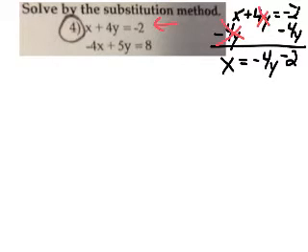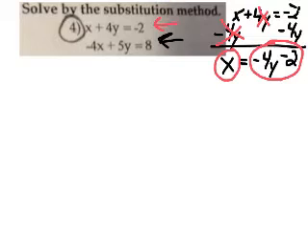Okay, so now my other equation, that's the one I'm going to substitute this x in. But this x in this form, because this x equals this, right? So for us to be able to find that one point where the two lines cross, this x has to work in the other one.